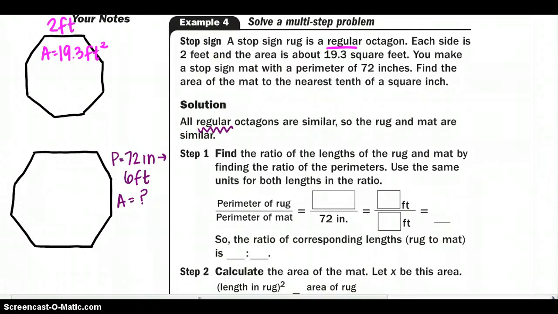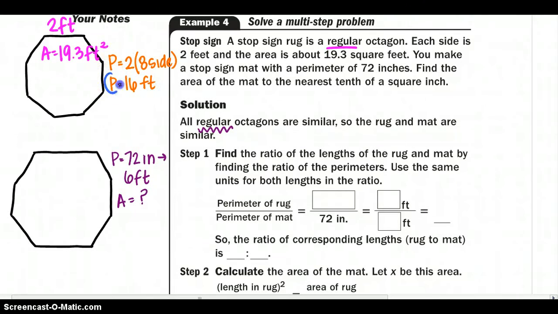So the rug and mat are similar. Find the ratio of the lengths of the rug and mat by finding the ratio of the perimeters. Well, we don't have the perimeter of the top one, but we know that the perimeter is all of the sides added together. Since an octagon has 8 sides, I'm going to multiply one side by 8 to get my perimeter of 16 feet.